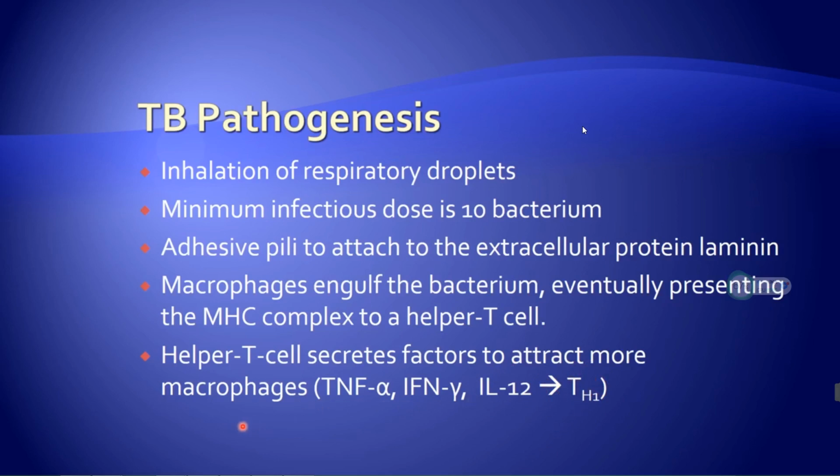And these factors are important in terms of the formation of the granuloma. If you don't have these factors, you really don't get a granuloma forming at all. And to maintain the granuloma, tumor necrosis factor is essential for that formation, as well as to maintain it over time. If you get rid of tumor necrosis factor, you'll see that the granuloma essentially dissipates over time.